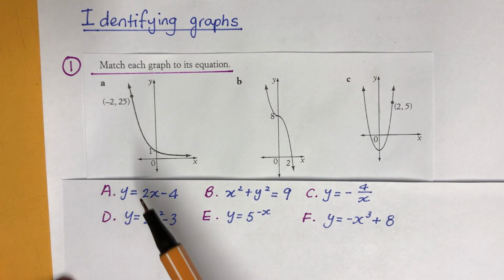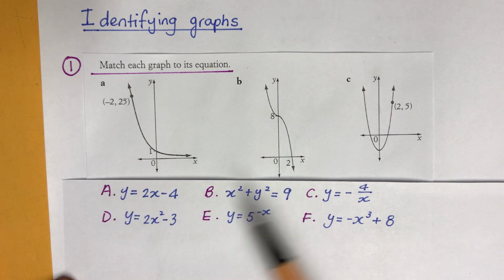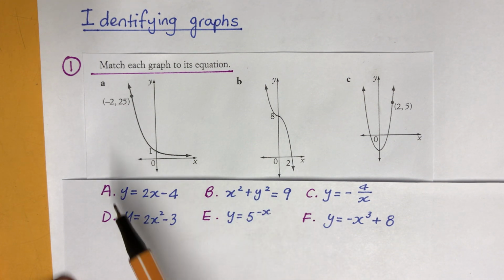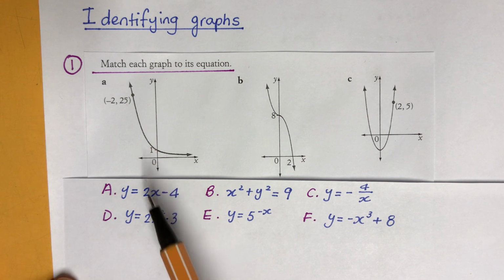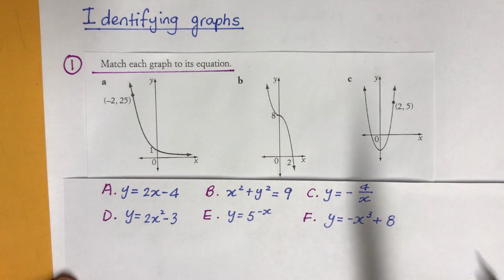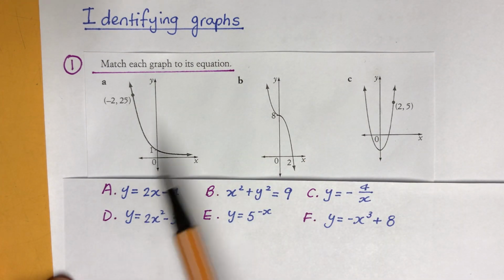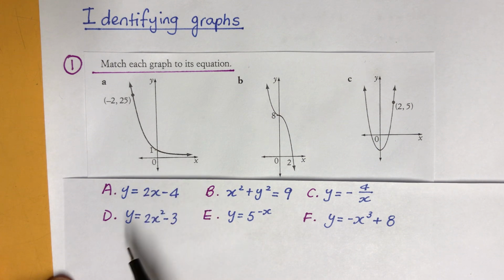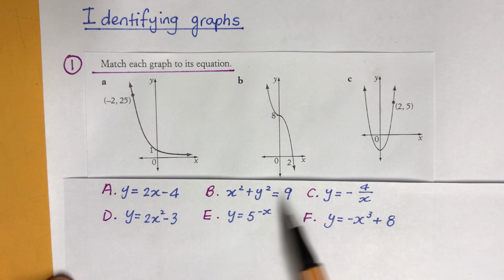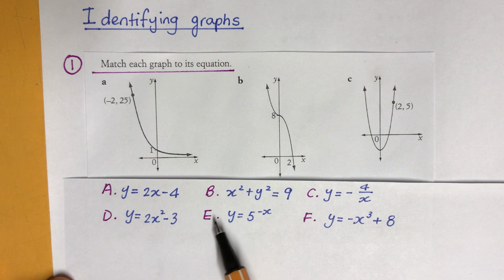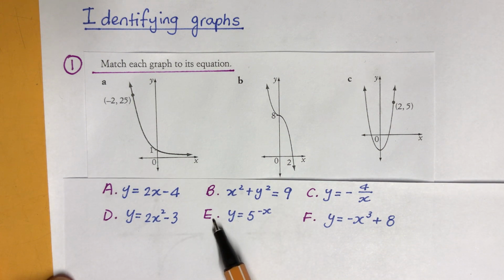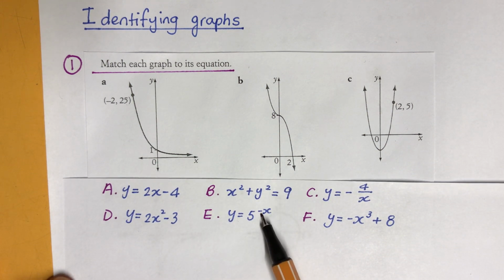So we got capital A, B, C, D, E, F here, and we need to match up with little a, b, c, d, e, f. Now this is exponential. So which one has exponential? Well, it's obvious. This one, E, has exponential and also has a negative power.